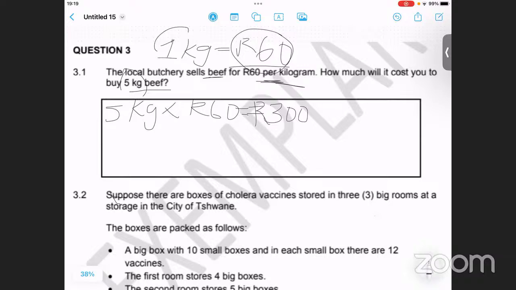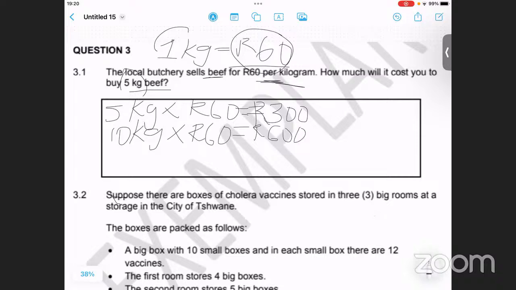How are we going to calculate for that? We're going to say 10 kg times 60 rand equals 600 rand. Perfect. Is that Manahil? Perfect. And 600. Okay.